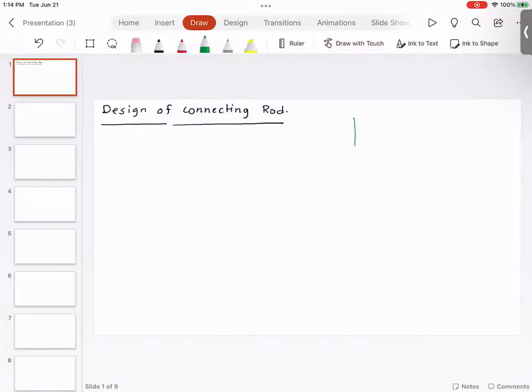So this is the piston. Piston is a hollow cylinder, and there is this piston pin, and here this is where the connecting rod is.